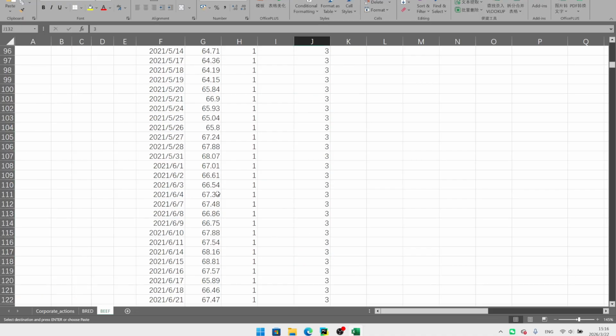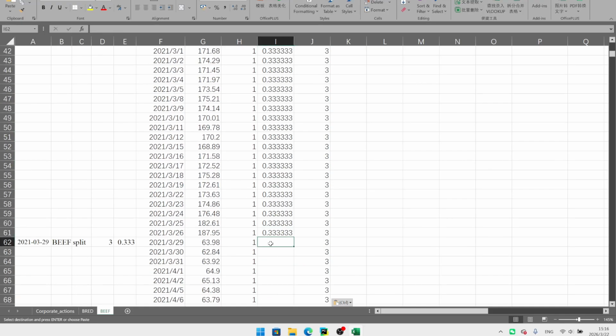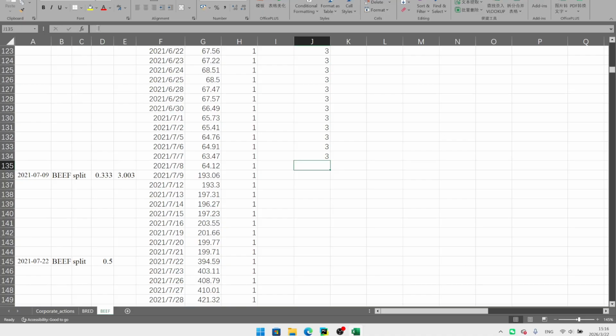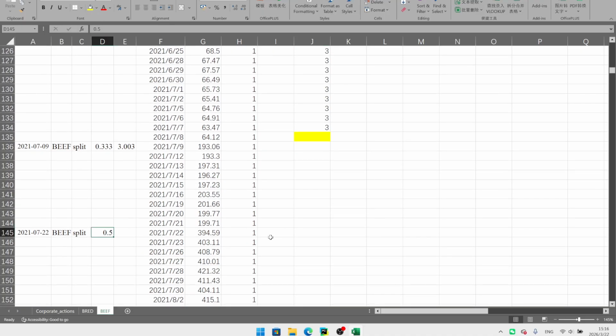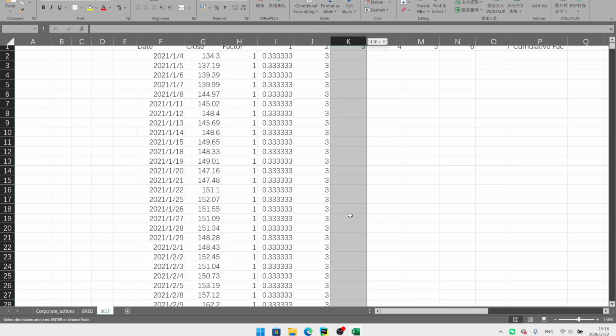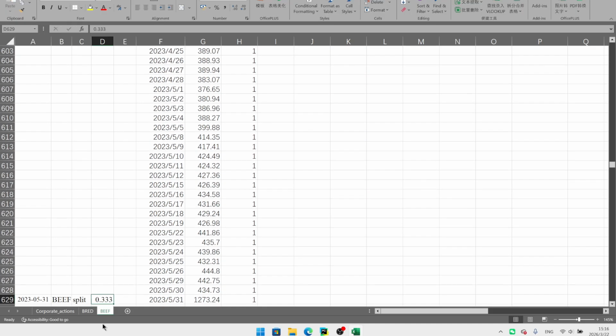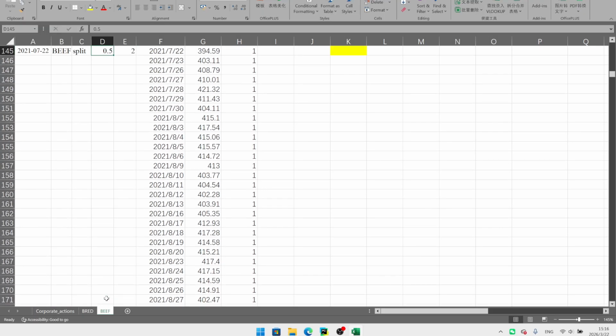So we can see whether the first one, yes, it's great. We need to make some mark on that. And the third one is the split. So it is 2. So we can just put 2 here. Ctrl C, Ctrl V, correct. Put a mark here and go down.